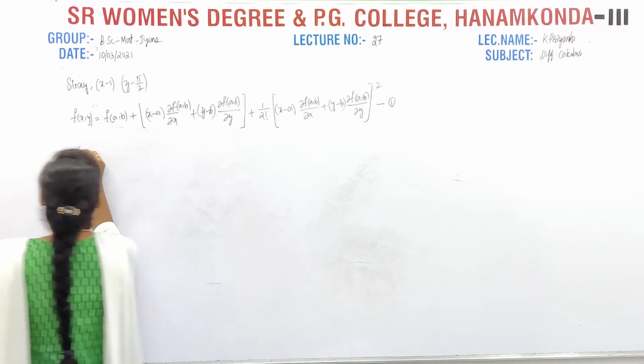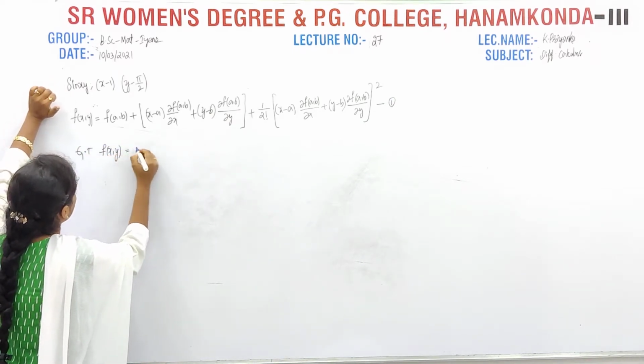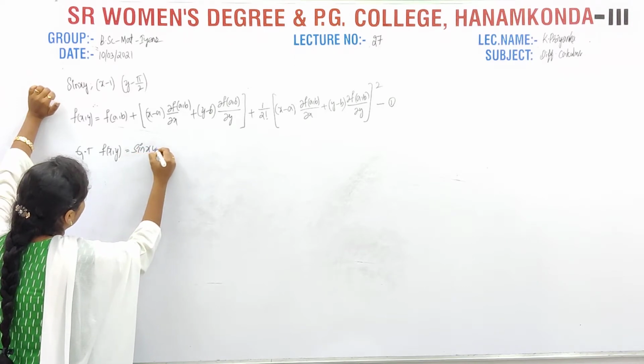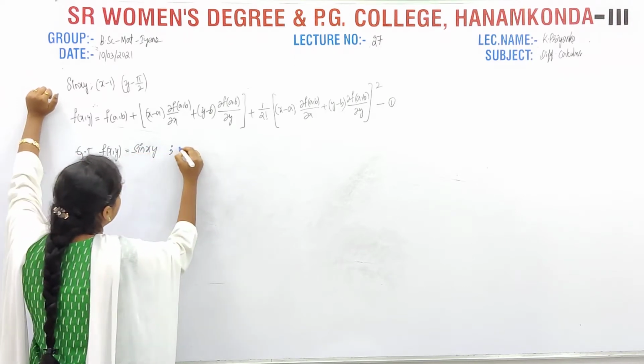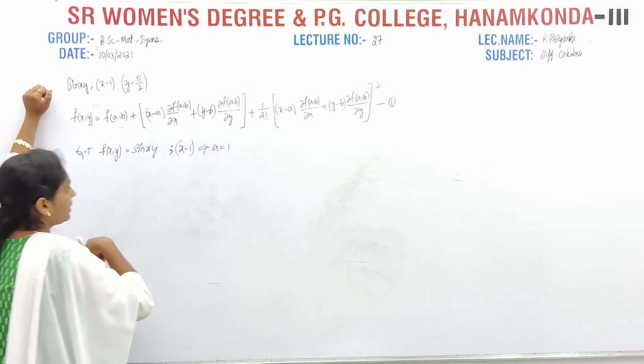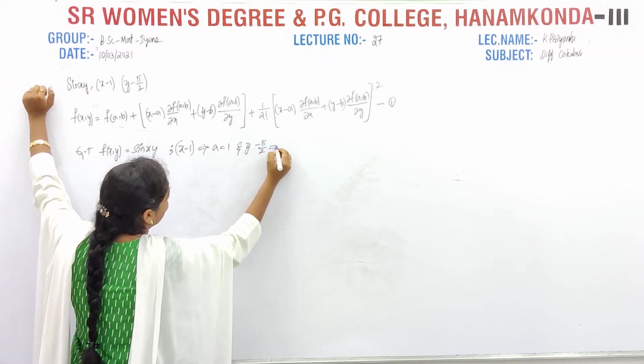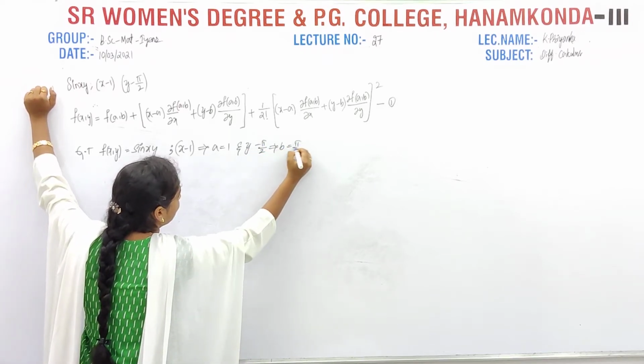Now given that f of x comma y is equal to sine xy. Here x minus 1 means the value of a is equal to 1, and y minus pi by 2 means the value of b is equal to pi by 2.